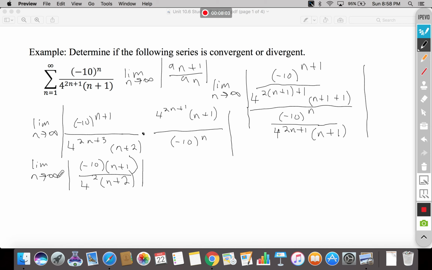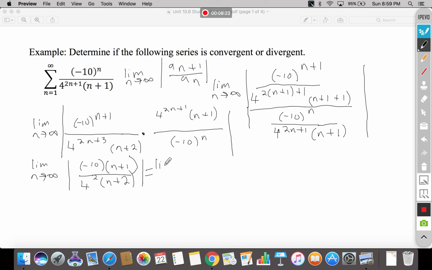Well, as n goes to infinity, this n is going to win up top. This n is going to win down here. So really, these things go off in the same direction, or at the same pace. We can go ahead and clean this up if we want to and distribute out what we're looking at here.